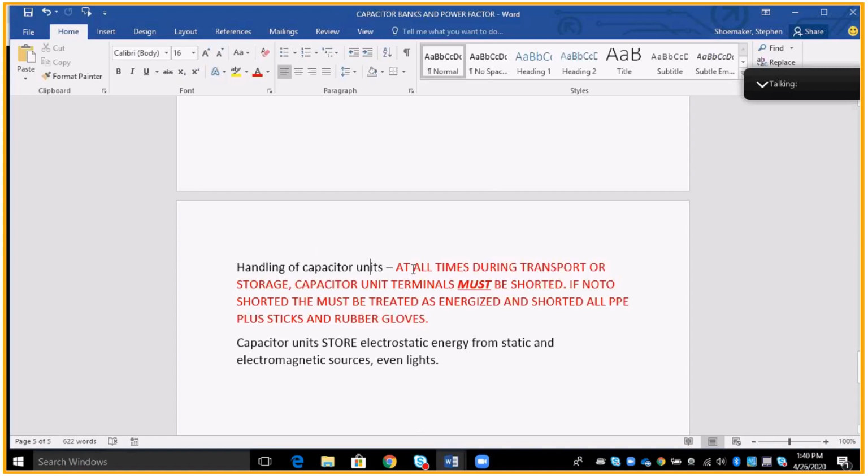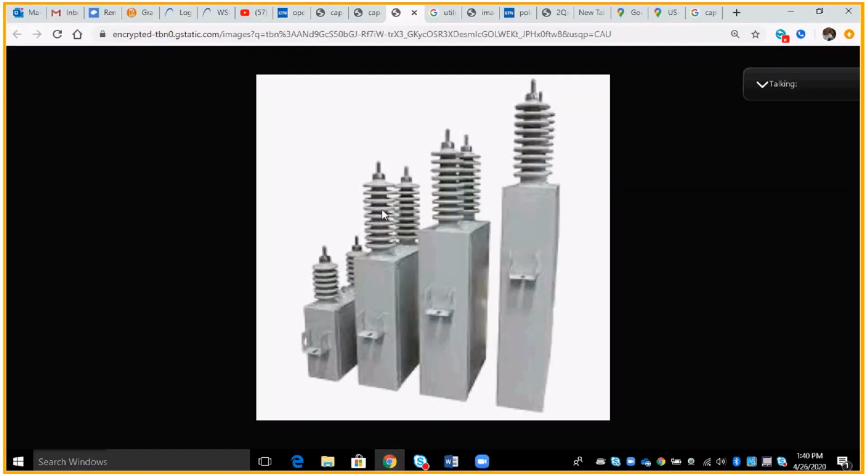At all times during transport or storage, capacitor unit terminals must be shorted. It doesn't matter what size or type of wire that you use for this temporary time. Get a jumper, or a piece of wire with 2 hotline clamps on it, and put it terminal to terminal. That shorts the capacitor out, so it cannot build up a charge.